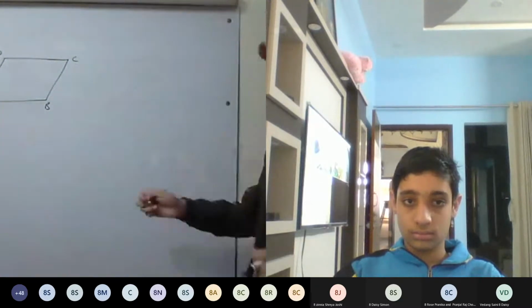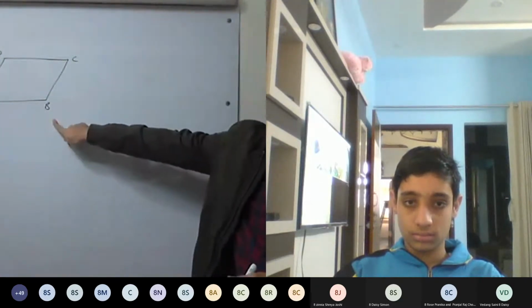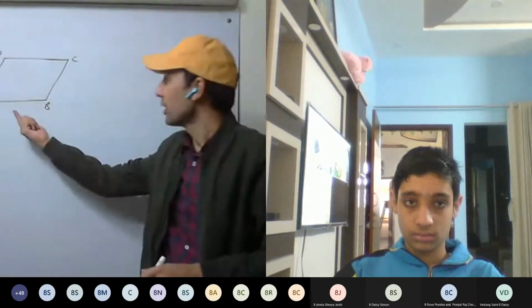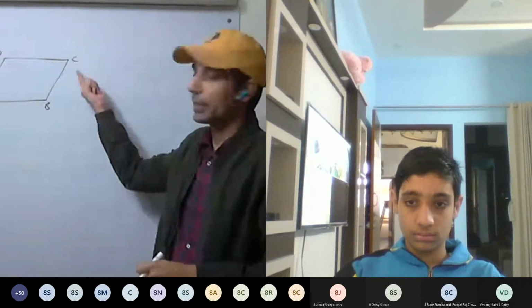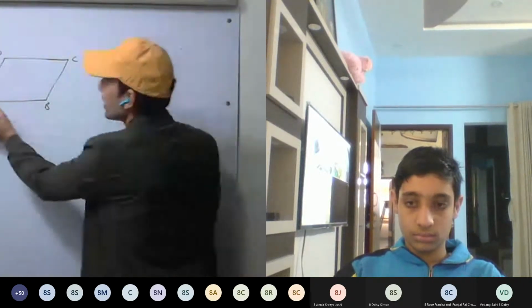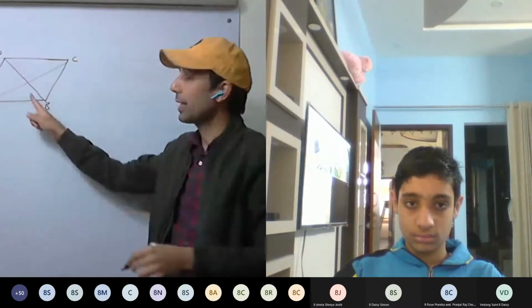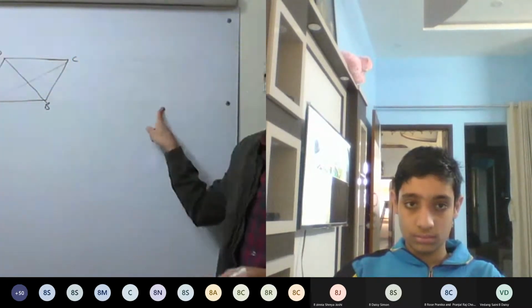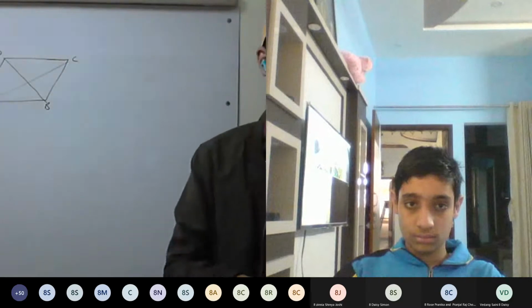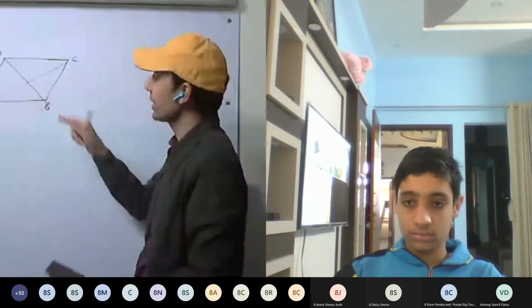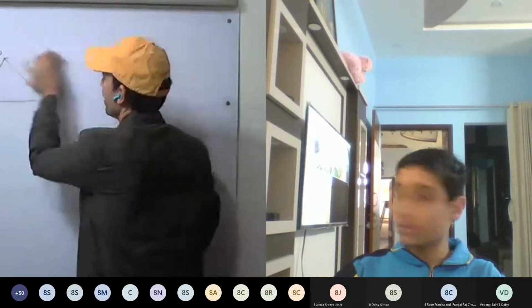It may be a square, but it is not provided. What is provided? It is a parallelogram and the diagonals are equal. Then it will be a rectangle. In the question, it is not provided that adjacent sides are equal. That's why it's a rectangle.